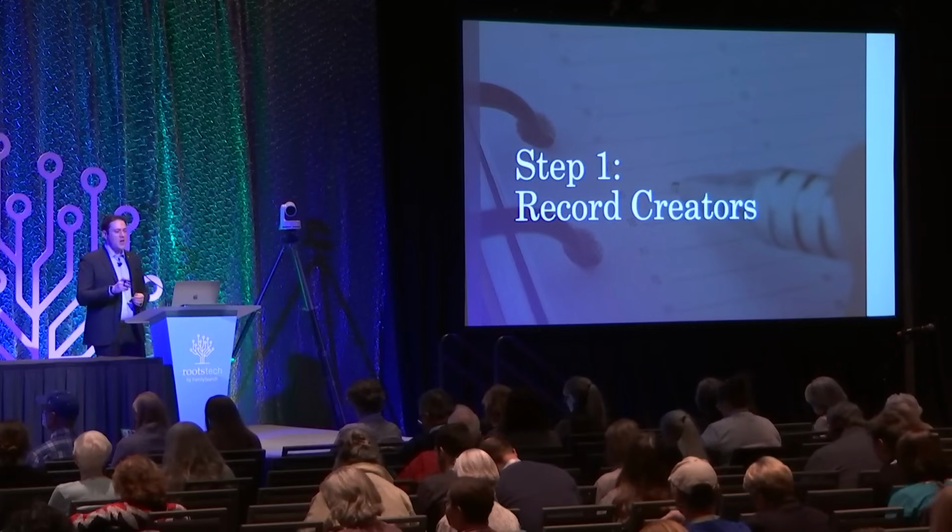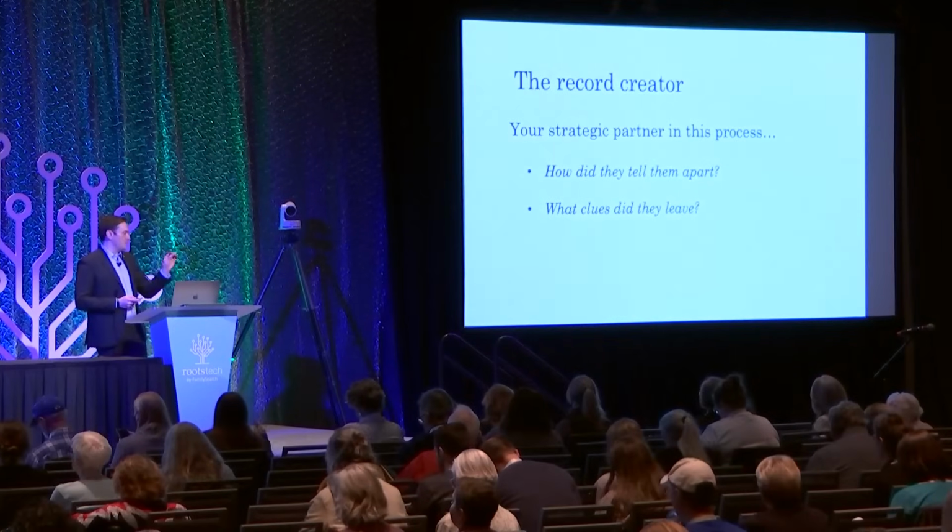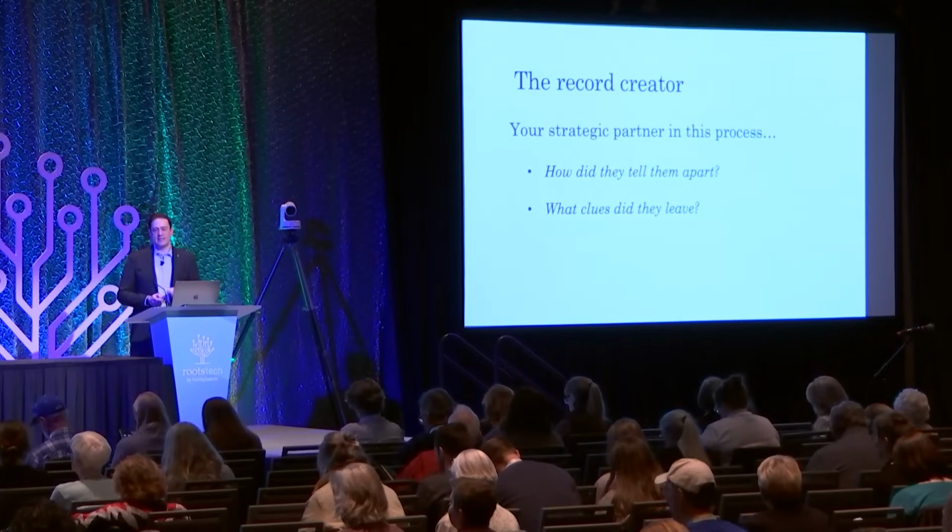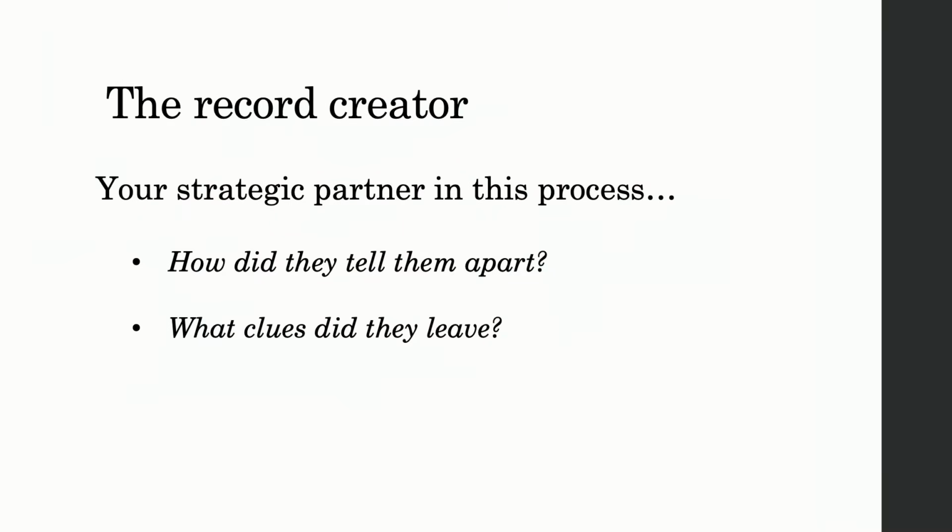So step 1, the record creator. The record creator is your strategic partner in this process. As a compiler, as a creator of records, as a town clerk, as a local historian, the record creator had the responsibility to tell individuals apart with the same name.